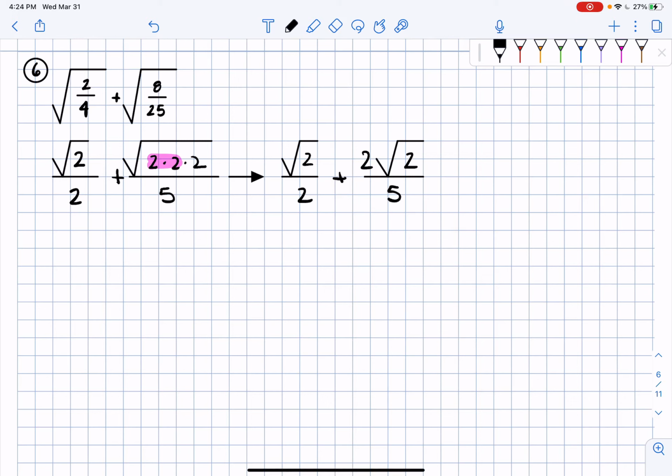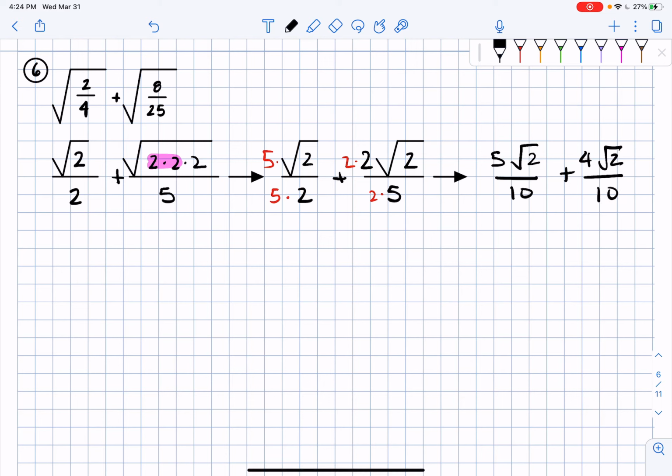So in order to add these together, I need common denominators. So what am I missing? The 2 is missing a 5, so I got to do it to the top and bottom. The 5 is missing a 2, so I got to do it to top and bottom. So that means I'm going to have a 5 square root of 2 over 10 plus 4 square root of 2 over 10.